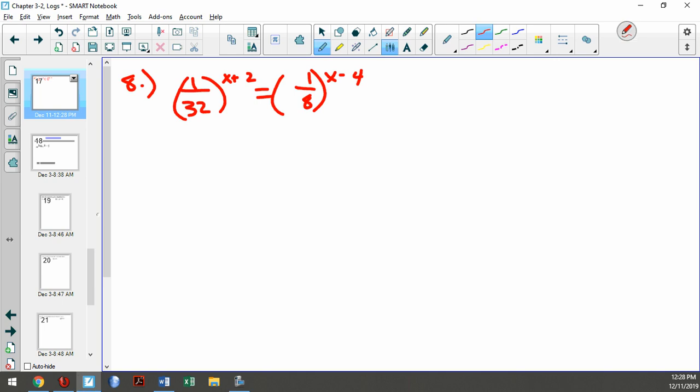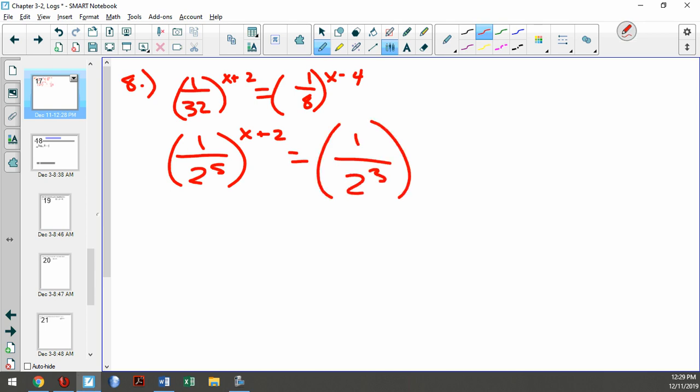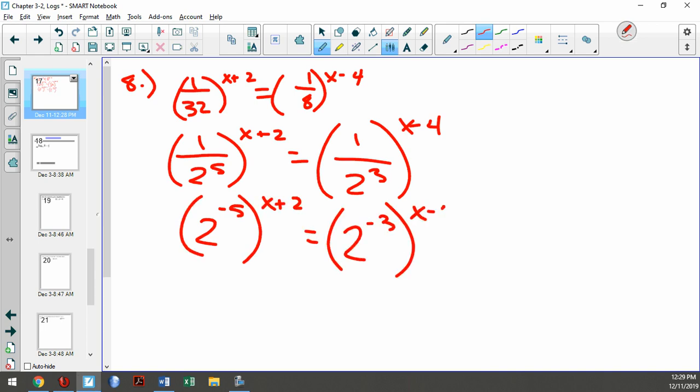So start with 2. 2 times 2 is 4, times 2 is 8, times 2 is 16, times 2 is 32. So this is actually going to be 1 over 2 to the 5th raised to the x plus 2 power. That means this is 2 cubed raised to the x minus 4 power. Bring that to the top, that's 2 to the negative 5 raised to the x plus 2 power, and 2 to the negative 3 raised to the x minus 4 power.